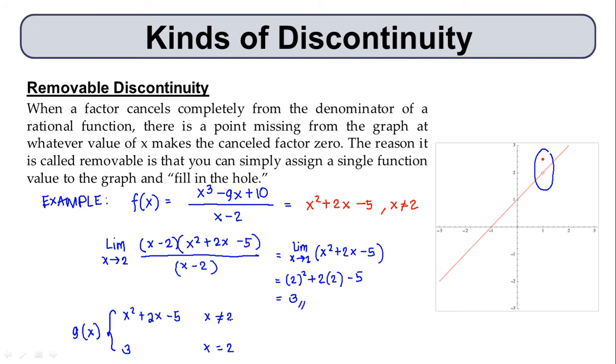So, ang itsura ng graph niya, dahil x squared, parang parabola siya, no? Tapos yung x is equal to 2.